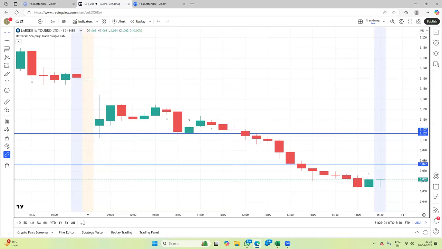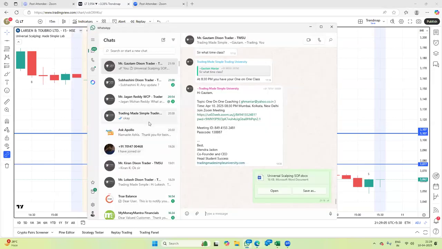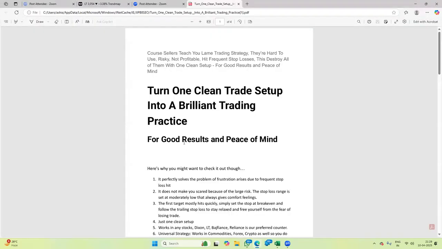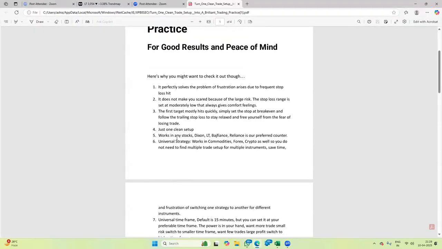This strategy has a few things you may have already noticed. From my experience and discussion with a lot of students, this point is very important: it perfectly solves the problem of frustration arising due to frequent stop loss hits. It is a very accurate strategy, and it doesn't make you scared because of large risks.